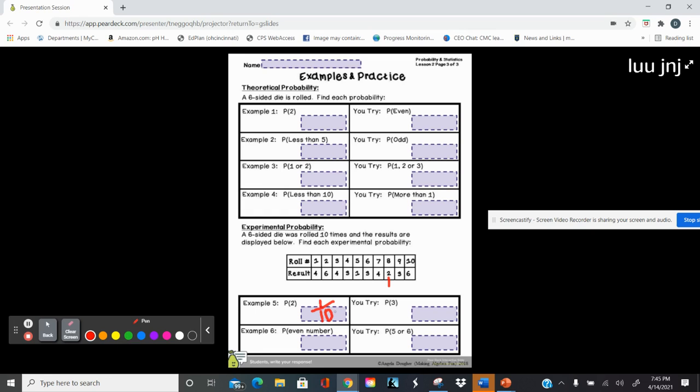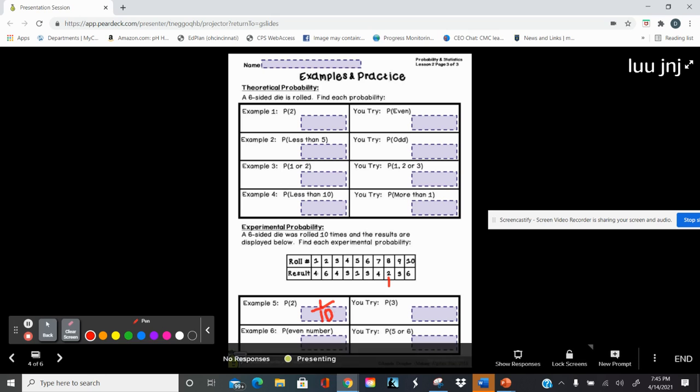So let's do, they want to do even numbers as well. So we know that we rolled 10 times. So let's go ahead and clear the screen and let's go ahead and count and see how many even numbers we have. So 1, 2, 3, 4, 5, 6.